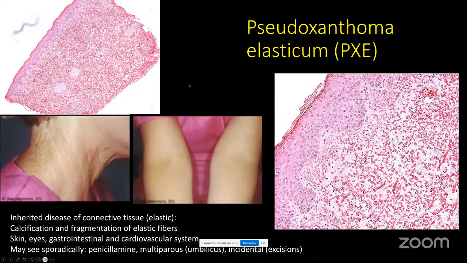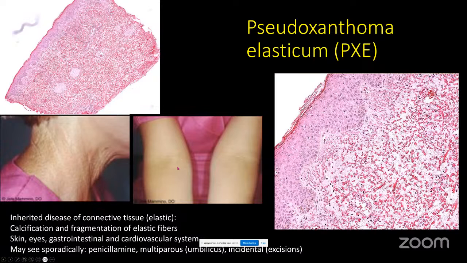Pseudoxanthoma elasticum is a condition in which you have deposits in the skin of calcified abnormal elastic tissue. They can also have involvement of the eyes and Bruch's membrane. They can have GI involvement and cardiovascular involvement, where you have abnormal vessel structures that can cause problems.